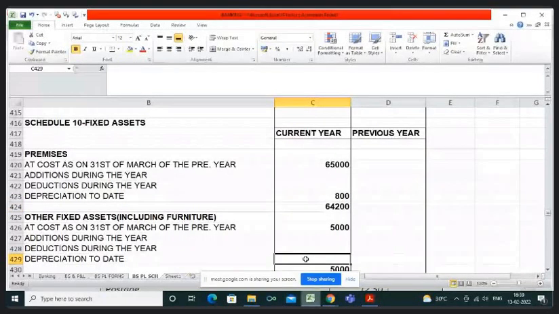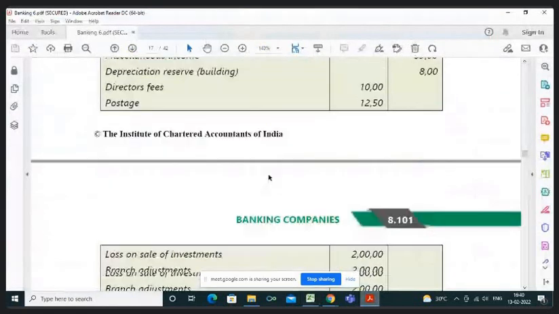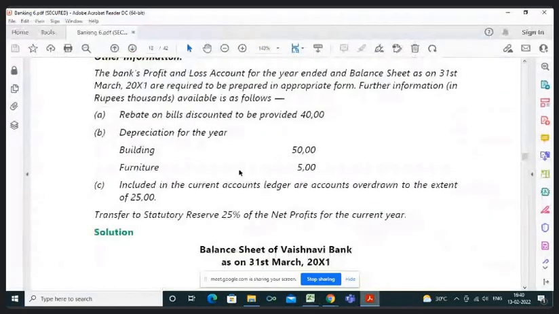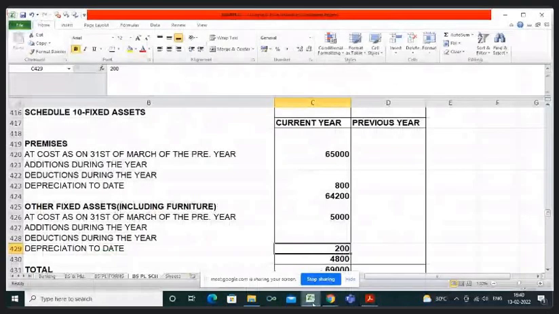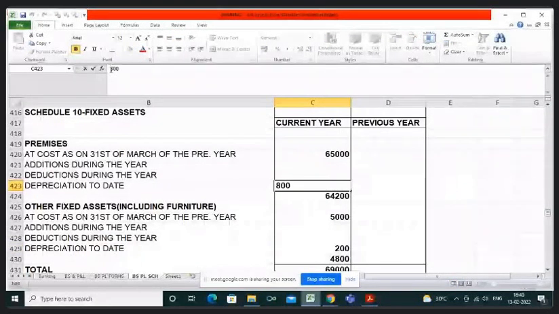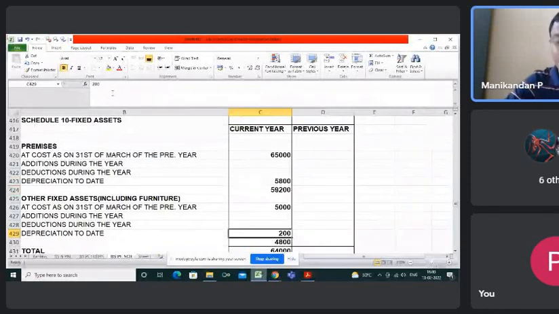So we'll move on to the fixed assets schedule. In the fixed assets, what do we have to write? The cost at the beginning of the year. Cost at the beginning of the year is 65,000 and 5,000. So we'll write premises 65,000 and other fixed assets, furniture 5,000.